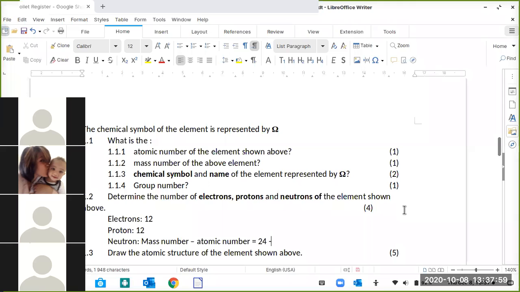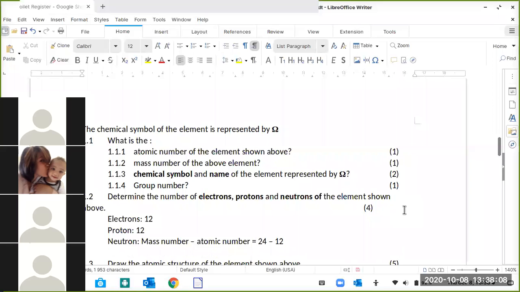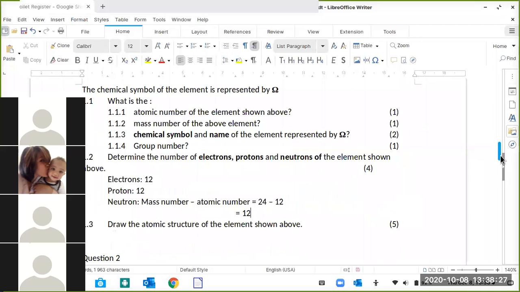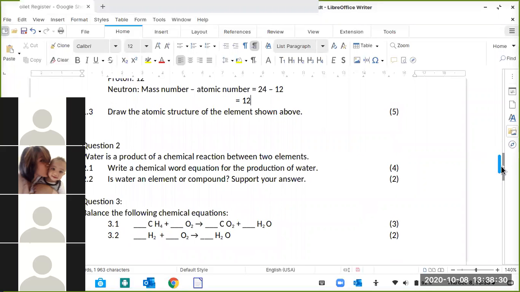Then we subtract the atomic number, which is what? 12. Then we get what? What's our answer there? That's 12. So that's how we find the number of neutrons. Then what is the charge possessed by a neutron? It is neutral, right? It's not charged, right?